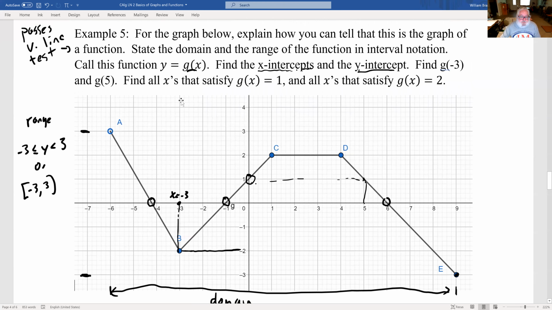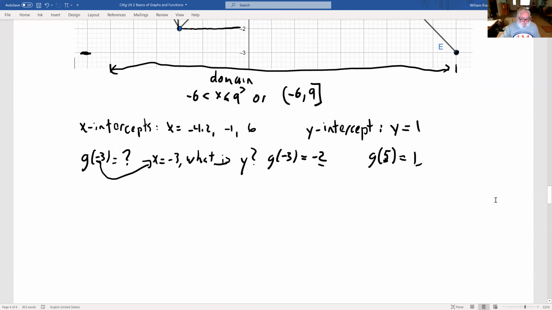So find all x's that satisfy g of x equals 1. So if we take g of x equals 1, this is a y value. They're asking what is x?